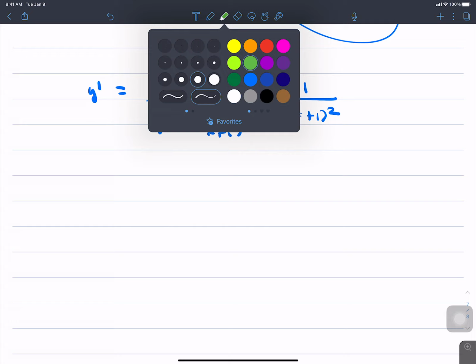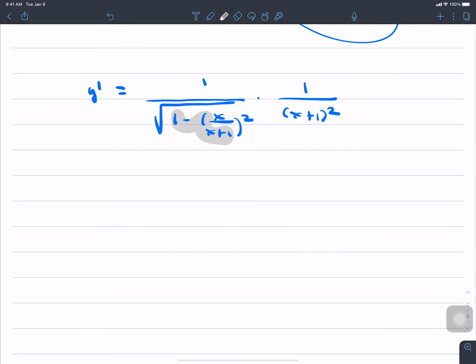Now, we're going to have to simplify this denominator down here. So let me just kind of emphasize that portion here. So you have to simplify this denominator.